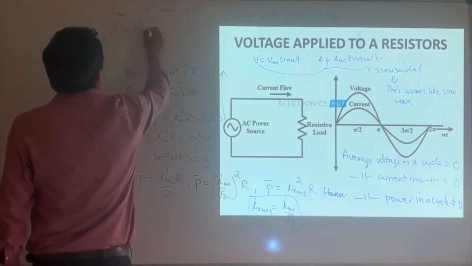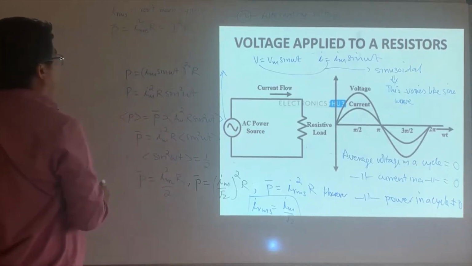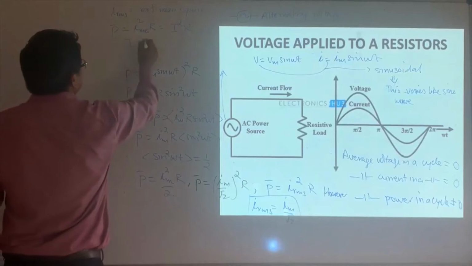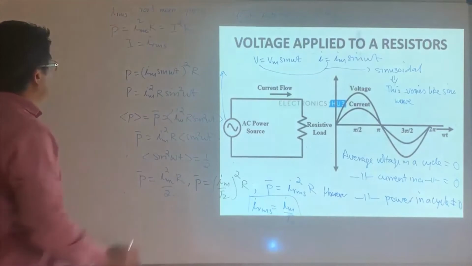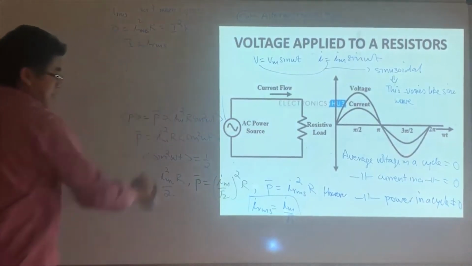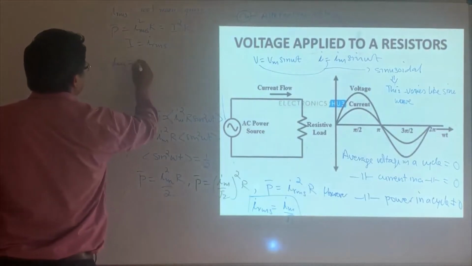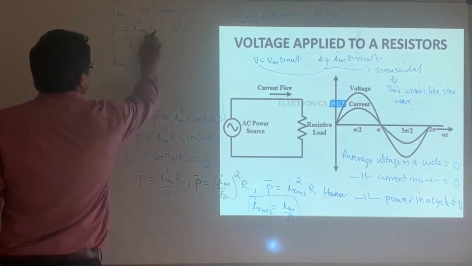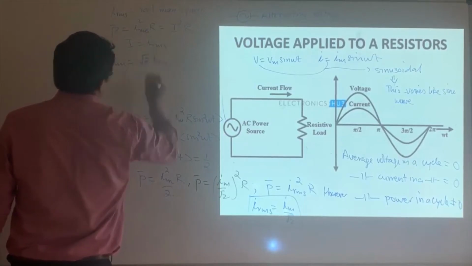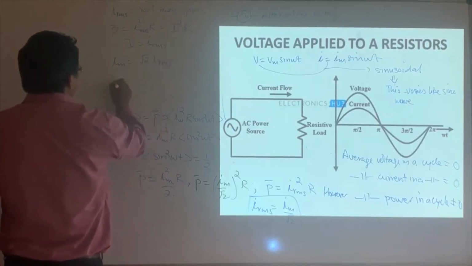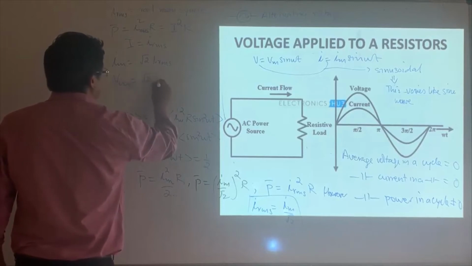So the average power is equal to IRMS square, or sometimes we represent this by capital I, which stands for IRMS. So maximum current is equal to root 2 multiplied by IRMS, and maximum voltage is also equal to root 2 VRMS.